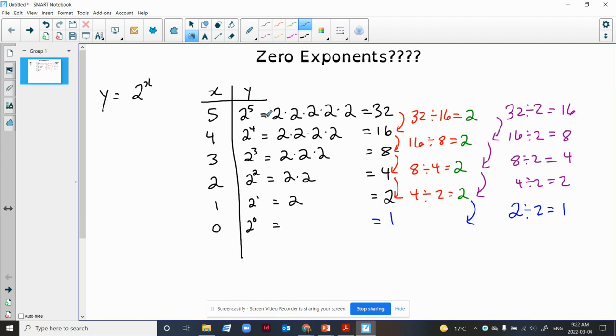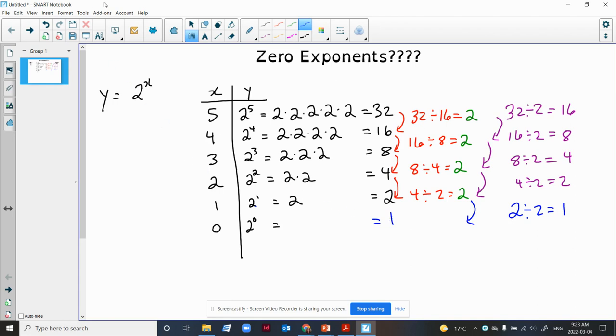Every time we increase our exponent, we multiply by 2, so every time we decrease our exponent, we divide by 2. So going from 2 to the exponent 1 to 2 to the exponent 0, we need to divide 2 by 2, which is equal to 1. So let's set that in. Does that make sense?